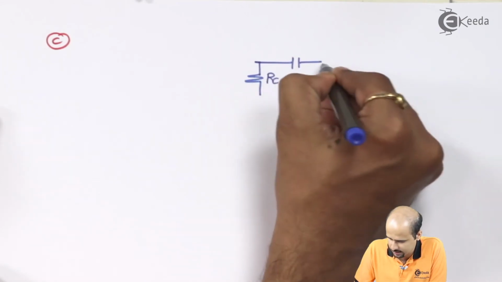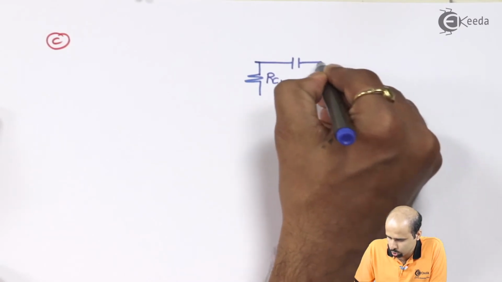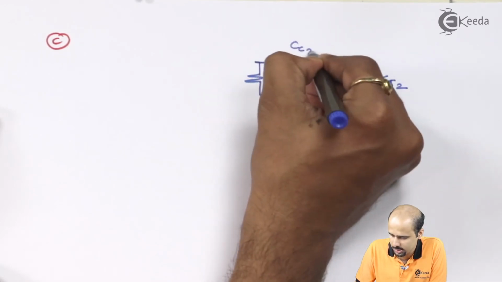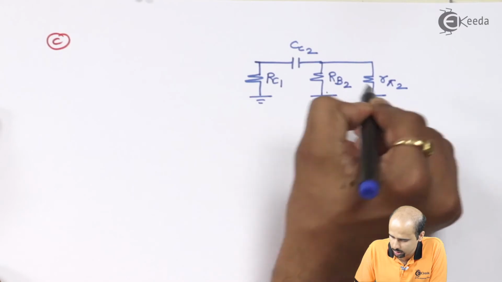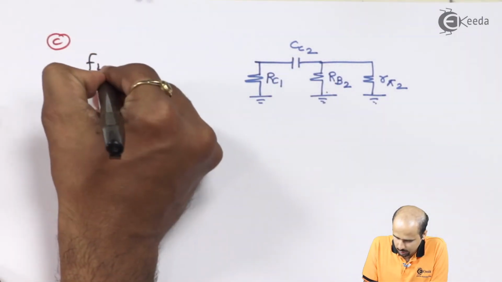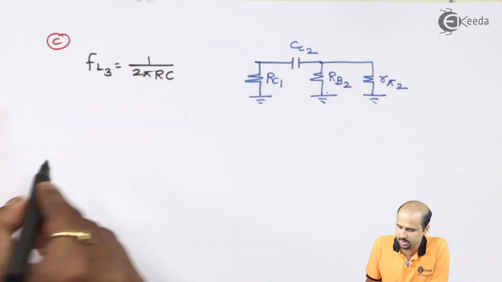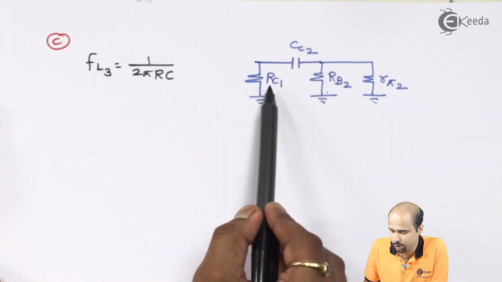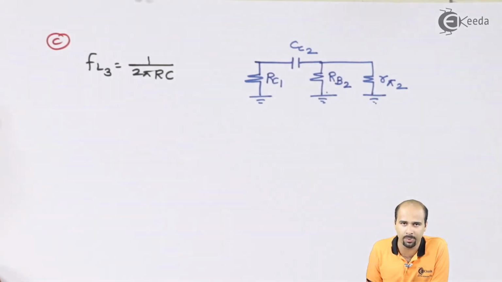The first stage is RC1, the second stage comprises RB2 and R pi 2, this is CC2, all connected to ground, and from this particular RC network we'll get the value of R and C. R is the series combination of RC1 with the parallel combination of RB2 and R pi 2.